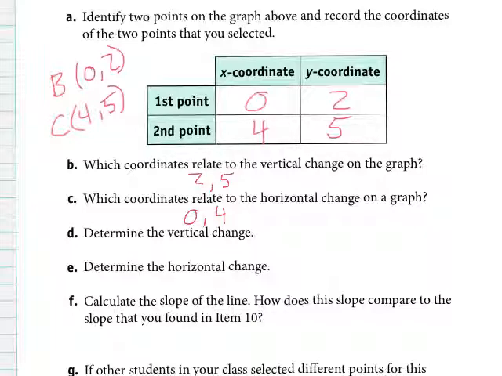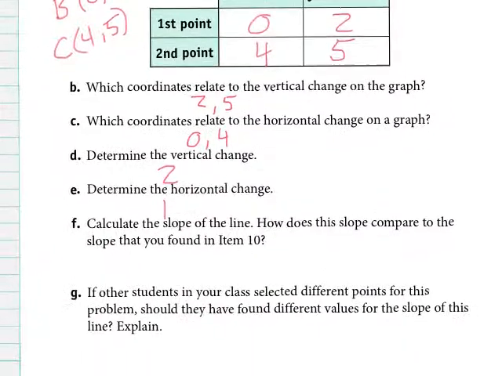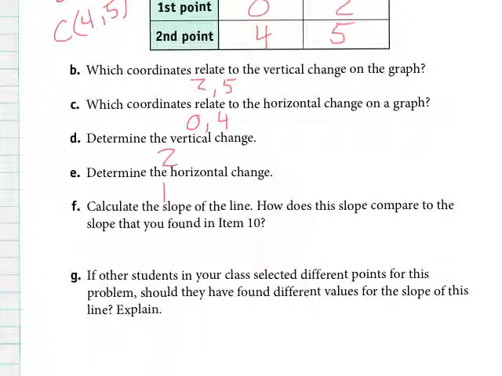You're moving 2 units. What about the horizontal change? How do I get from 4 to 5? It's not a trick question. I'm just moving 1 unit, right? So then calculating my slope, my vertical change over my horizontal change would be 2 over 1, which is just 2.